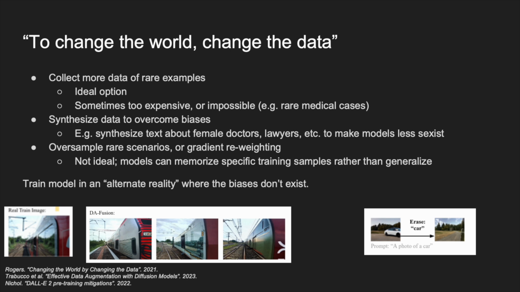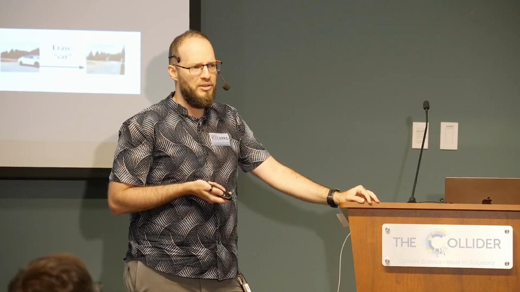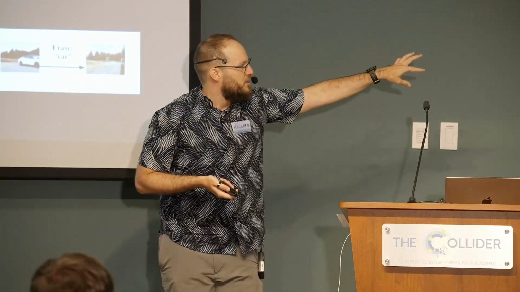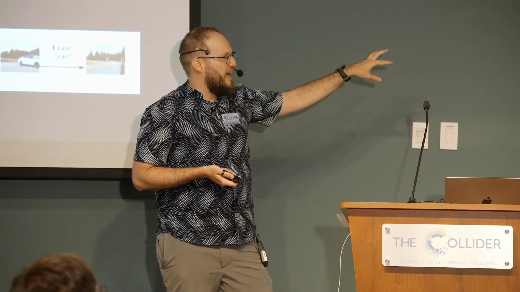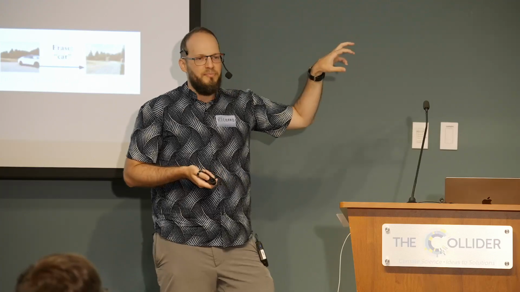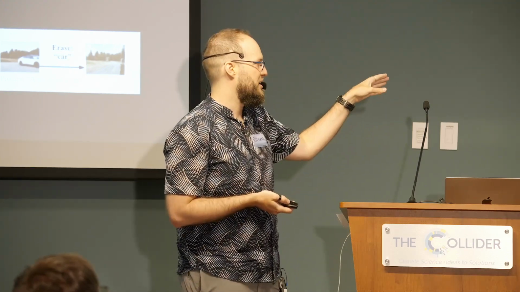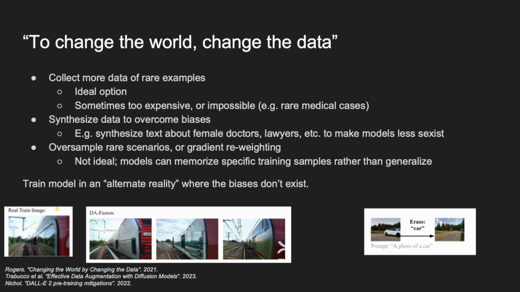There's some really cool work coming out right now in the image domain where you could get a sample from your data set and it'll create different versions of the same thing while maintaining the semantic content the same. Here it's generating multiple flavors of the same train image.